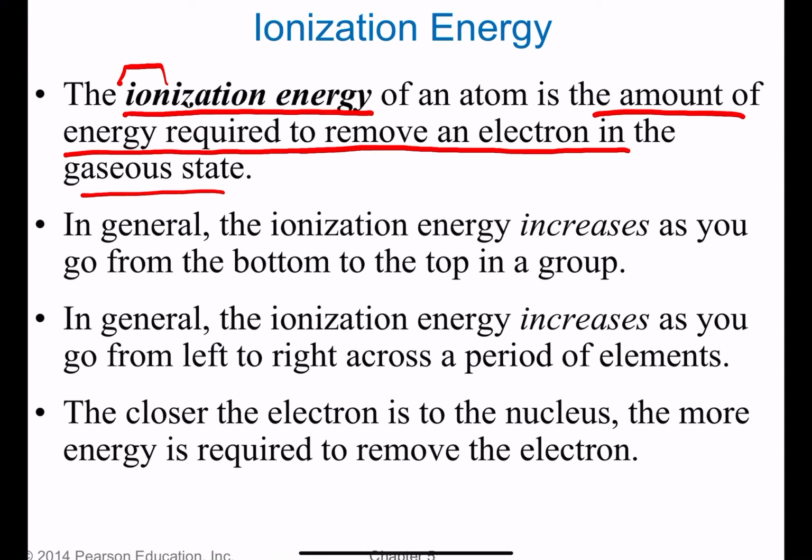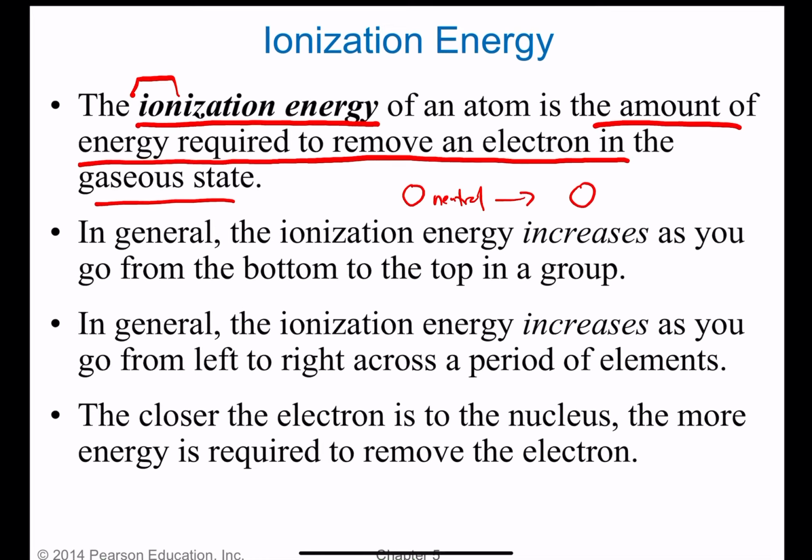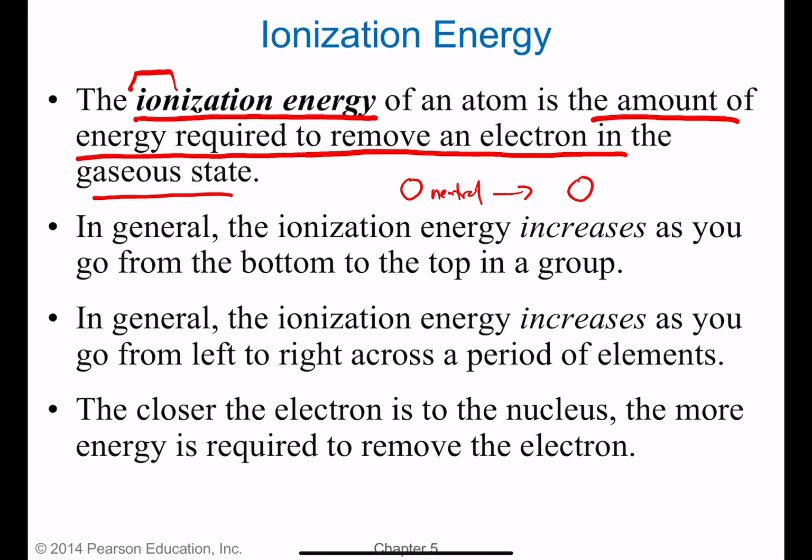What we mean is maybe going from an oxygen atom that's neutral to an oxygen that has now lost an electron. Now recall that electrons are negative. If you remove a negative charge, that means the oxygen would now have an overall positive charge. And we'll talk a little bit more about that in, I think, the next video.